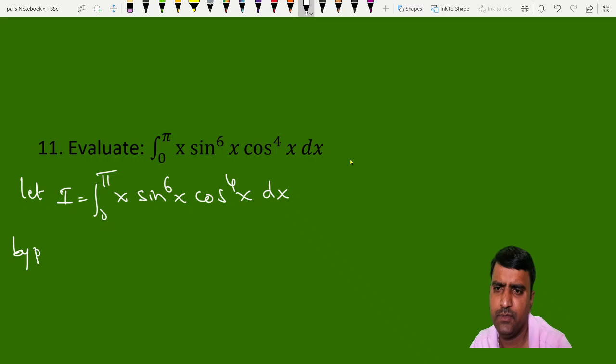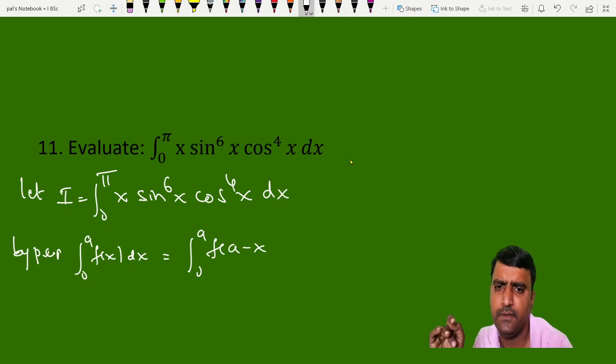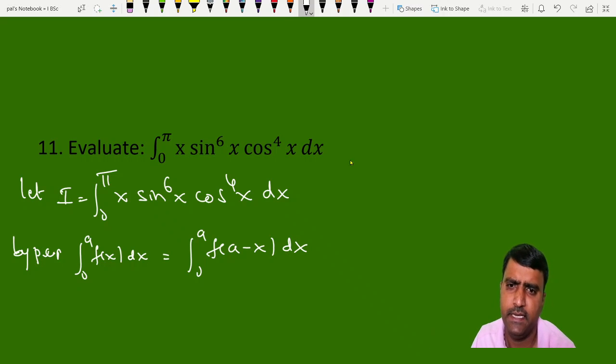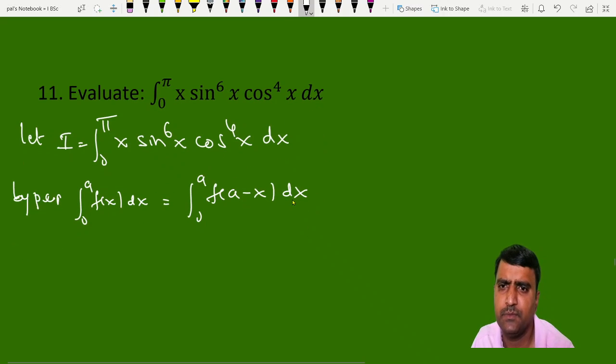So here I am using a property, that property is like this. Integration from 0 to a of f of x dx can be written as integration from 0 to a of f of a minus x dx. Use this property here.